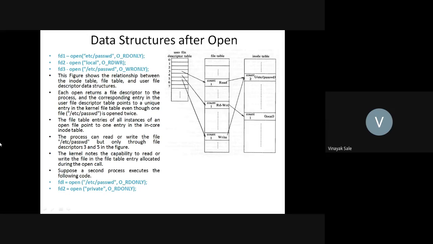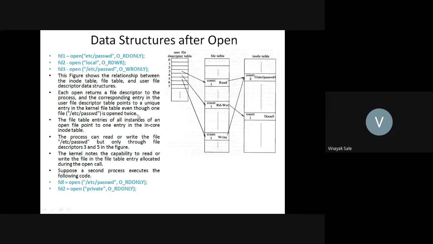So this figure shows the relationship between the inode table, file table and user descriptor data structures. Each open returns a file descriptor to the process, and the corresponding entry in the file descriptor table points to a unique entry in the kernel file table, even though one file, etc password, is opened twice in this example.